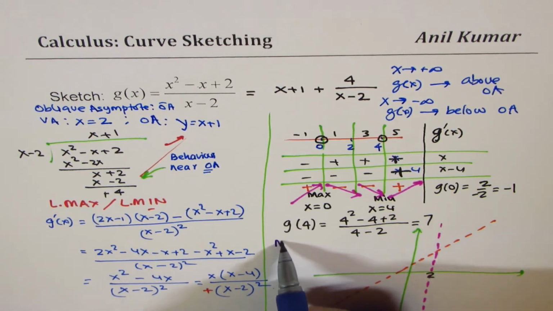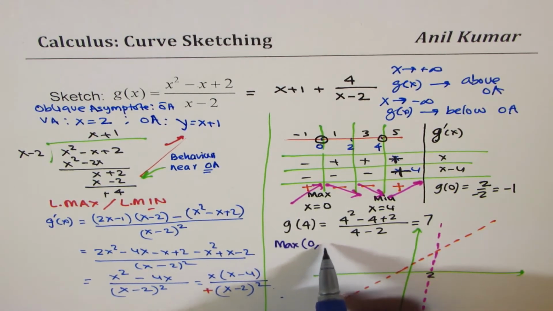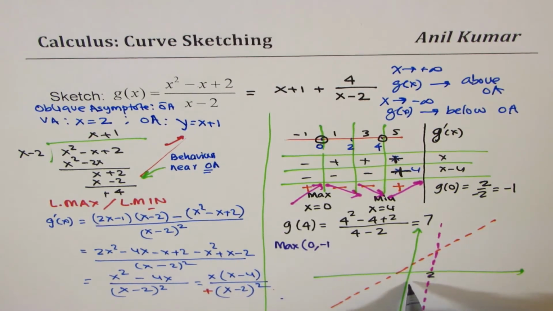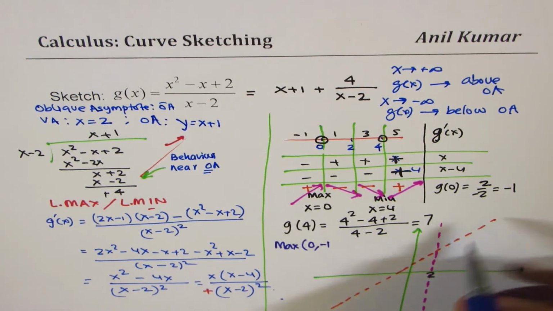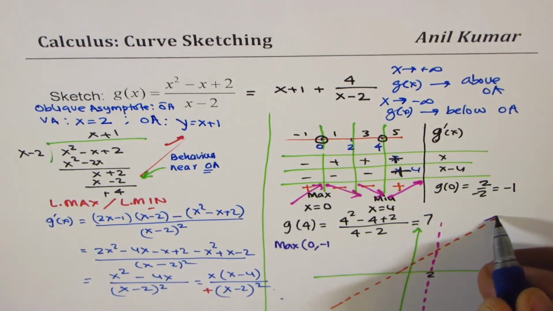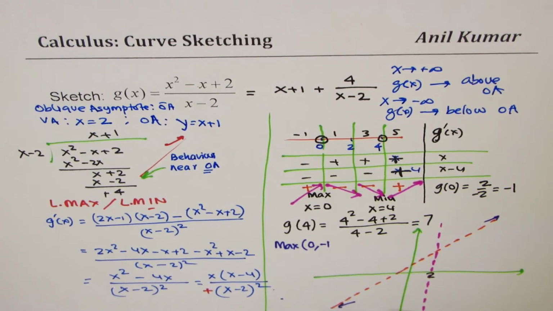So we have a maximum at 0, value is -1. So let's say this is your local maximum. We also know that the graph approaches from above, right, this side, and from below this asymptote, correct? Keeping that in view and maximum here, we could sketch this graph kind of like this.